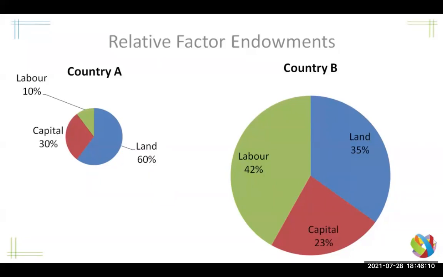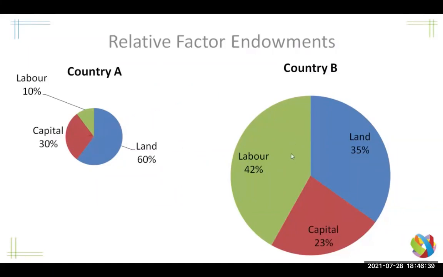So they predicted that country A would export products using land to country B. Country A also has a relative abundance of capital, 30% of its factors, as opposed to 23% of its factors for country B. So products that required a lot of capital input to make them would be exported from country A to country B.